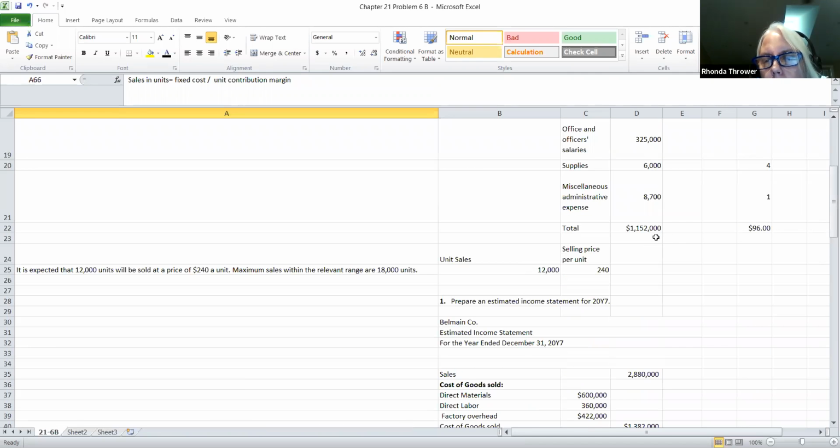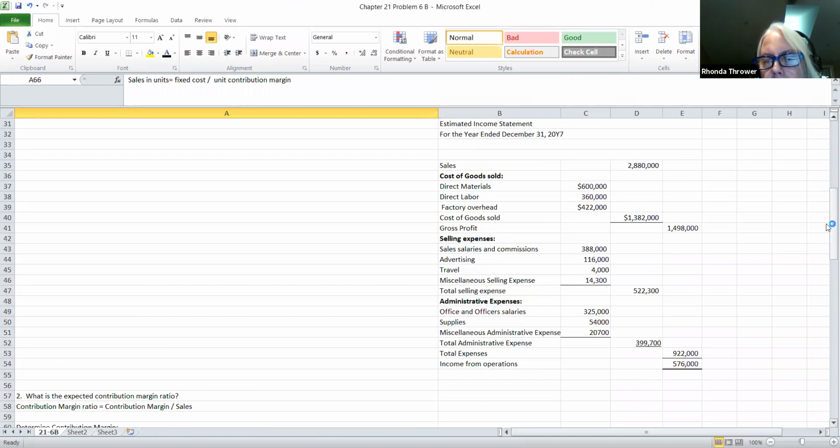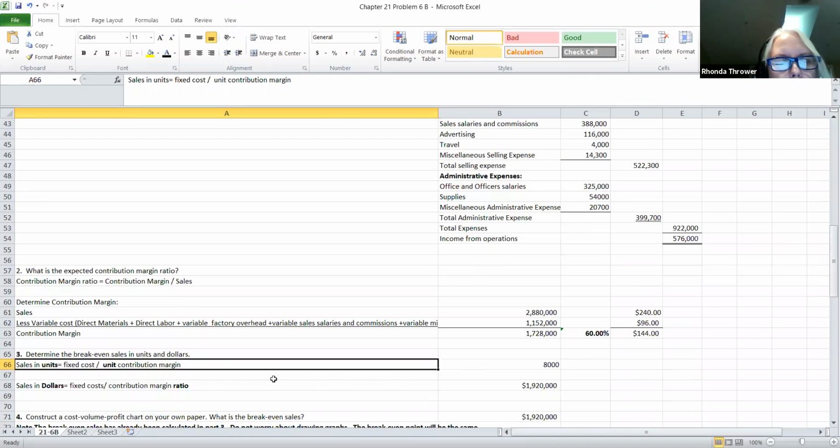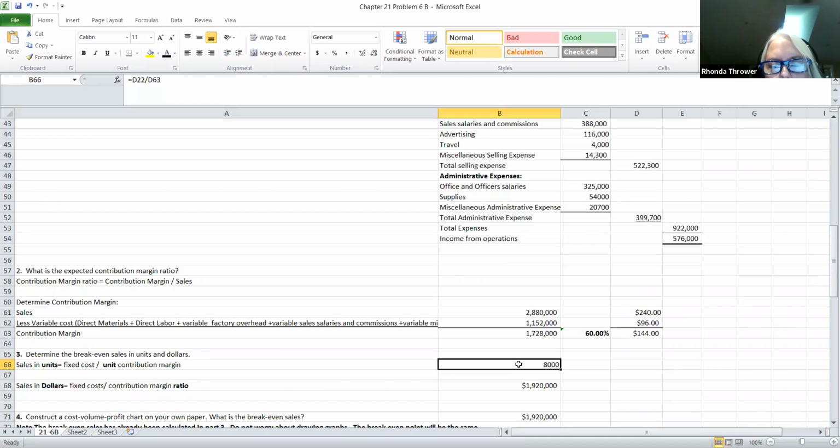So $1,152,000 is divided by $144. That's your contribution margin per unit, and that will give you 8,000 units that you need to sell to break even. And so that's the first part of what they wanted you to determine. That's the break-even sales in units.